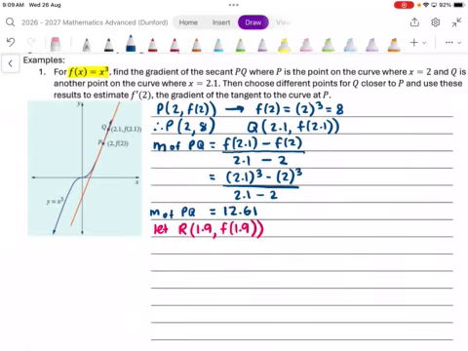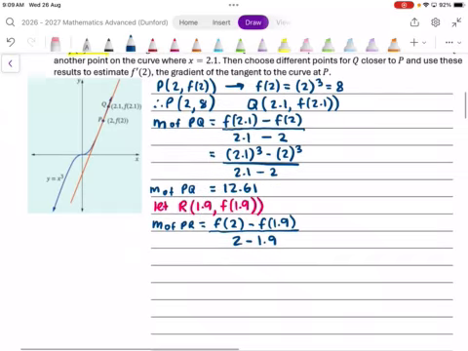What we will have is the gradient of PR or RP, it doesn't matter, is going to be f of 2 minus f of 1.9 over 2 minus 1.9.